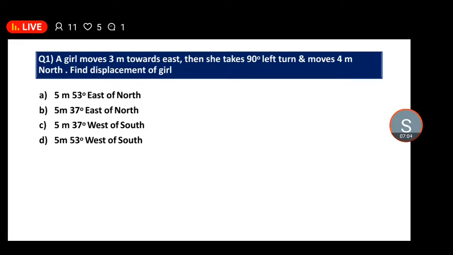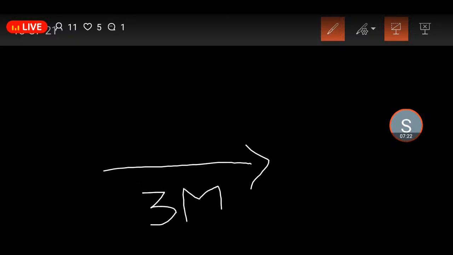What they have asked: a girl moves 3 meters towards east. Which direction is east? This is the direction of east, 3 meters. Again, the girl takes a 90-degree left turn, means like this.